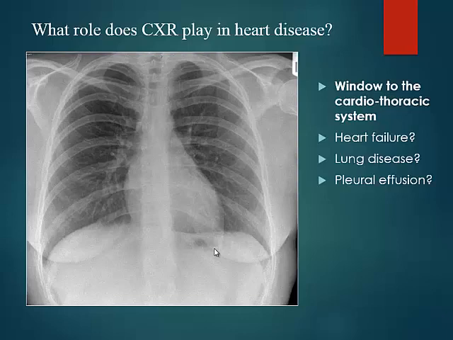Pleural effusions can be part of heart failure or of pleuropulmonary disease. Then mediastinal widening, which besides thoracic disease could reflect aortic aneurysms, for example, or aortic dissection. Very important. Position of the device is important, and its complications.